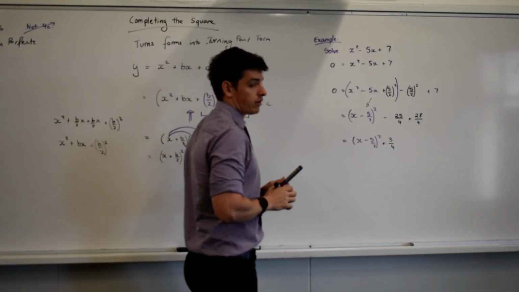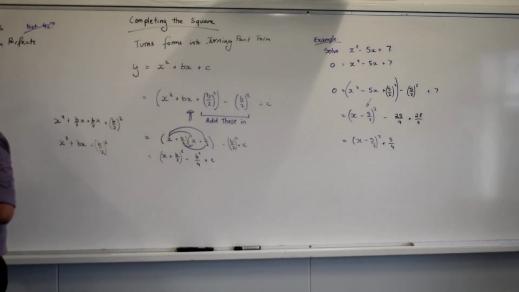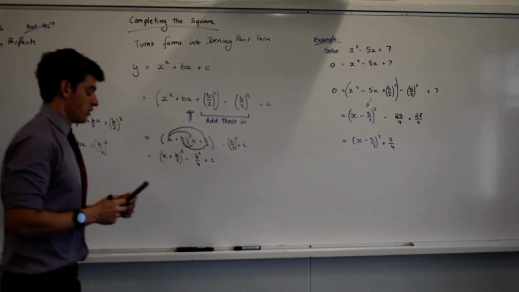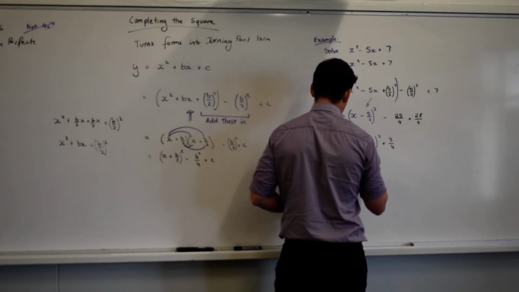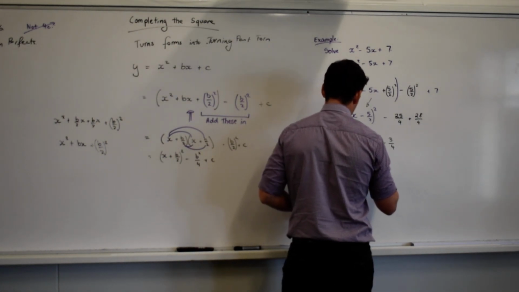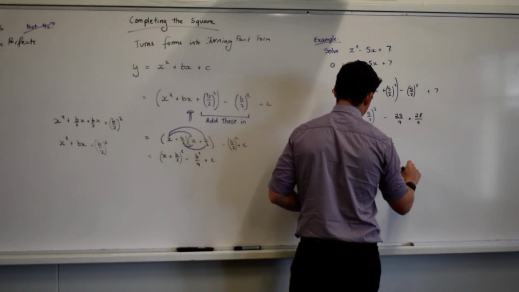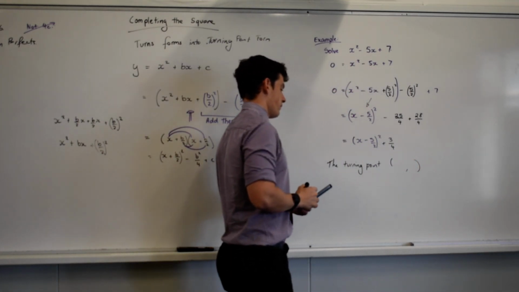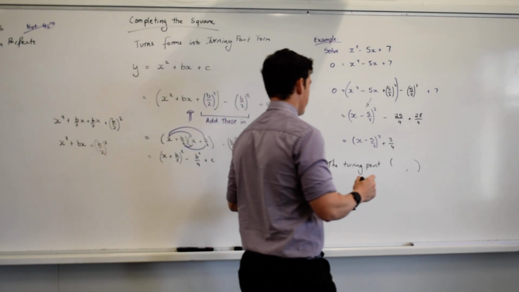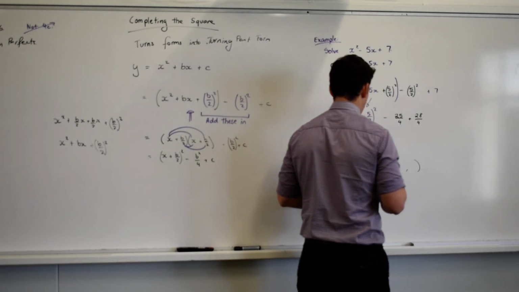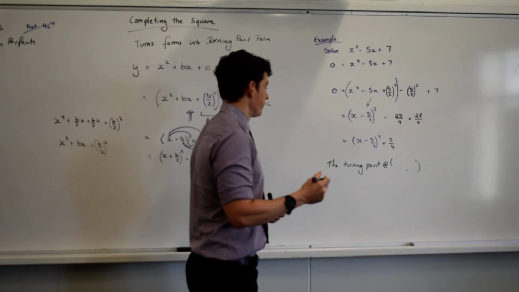So what's the turning point of that function? The turning point, I want you to fill in these brackets. Now I didn't solve this yet, sorry. What do I have to do to solve it?